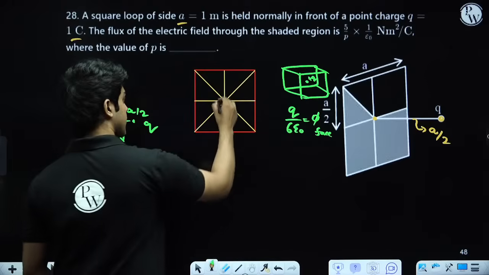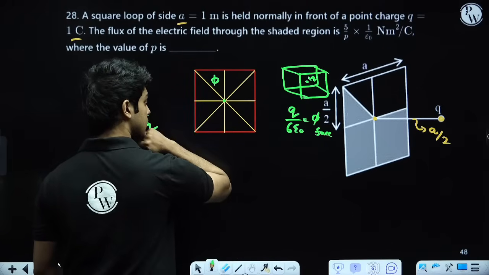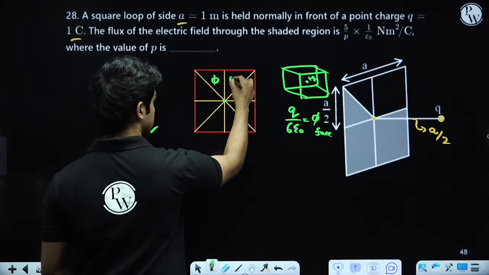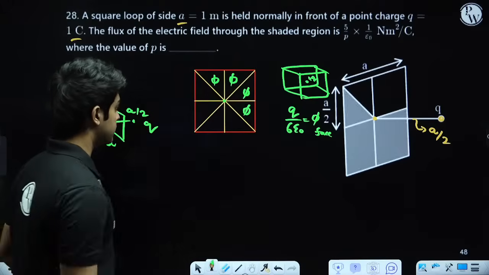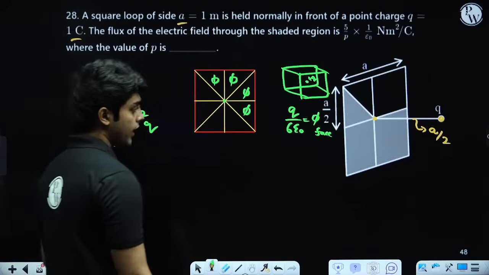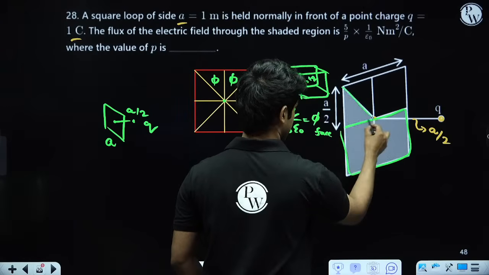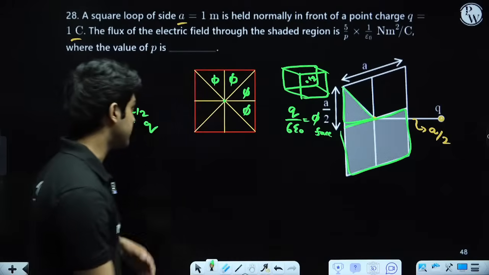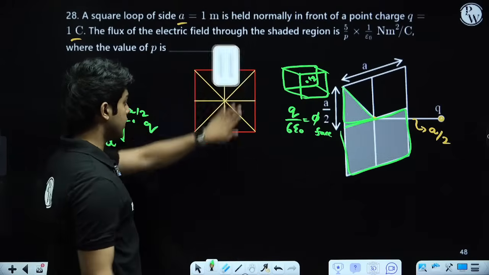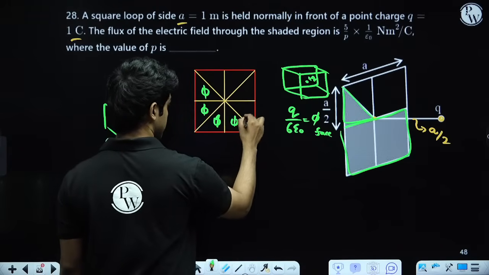So if the flux through any one of these 8 pieces is phi, then what do I have to calculate? This plus this, right? So how many pieces are there? 4, 5, right? There are 5 pieces. I have to calculate this, this, this, this, and this.